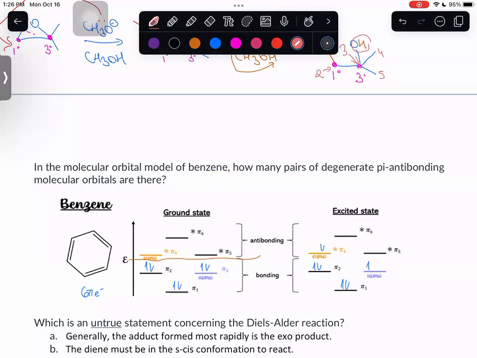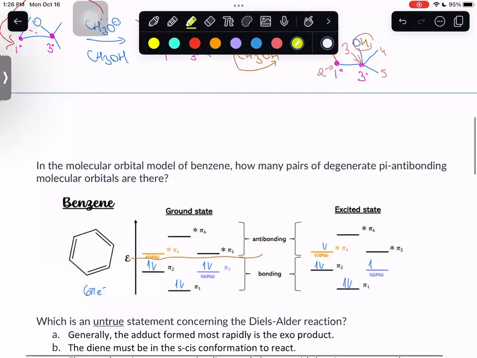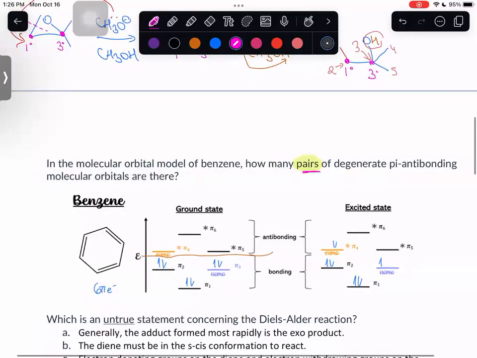Is it ground state or is it excited? Remember that the labels always remain the same. There's 2 anti-bonding right there. And in the ground state it's one pair. Pairs, there's only 1 pair.